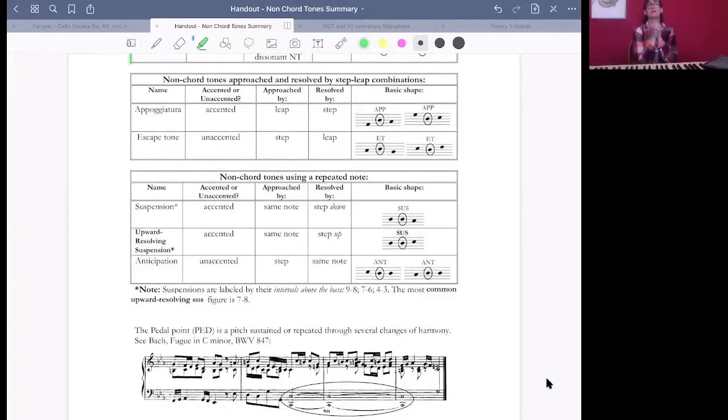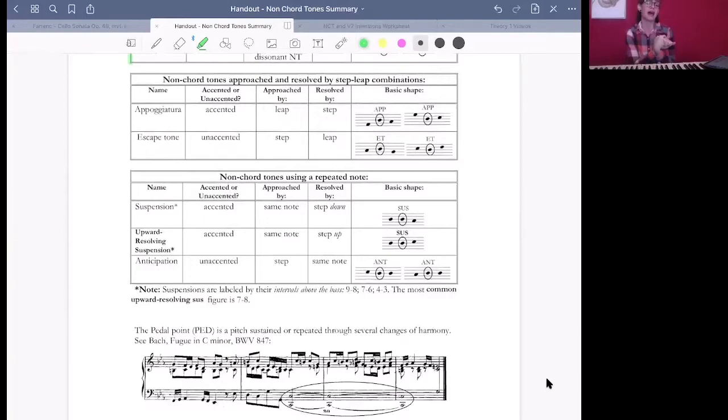Think about leaps as generating energy. So we generate all of this energy by leaping and by being dissonant, and then we step down, or alternatively step up. So if you leap downwards, you step up, always in opposite directions, right? Again, energy balance. If you leap up, you've got to step down to balance it out. If you leap down, you're going to step up to resolve.